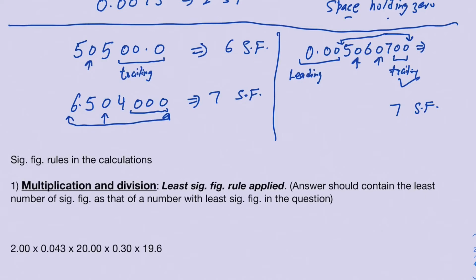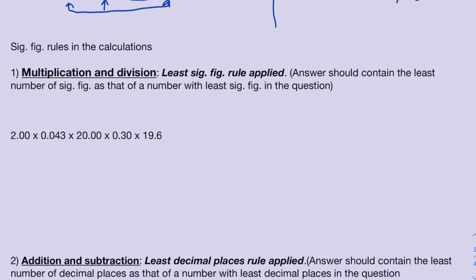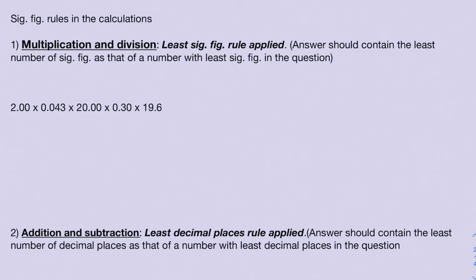Okay, so that's how you do the sig fig rules. Now, when you're doing calculations, you have to be careful about how many decimals or how many sig figs you can keep. There are two rules you have to worry about. One rule involves multiplication and division, or a combination of both.